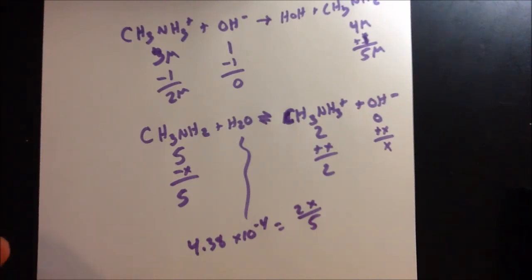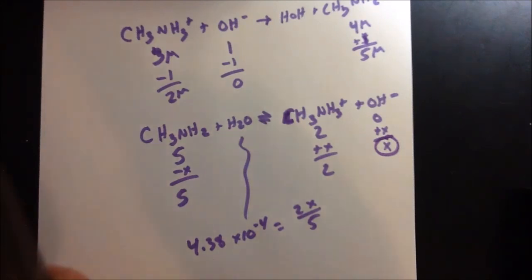4.38 times 10 to the negative 4 times 5, and then divide by 2, and I get an x value of 0.00109, negative log of that value. I get a pOH, again, because this is an OH here, of 2.96.